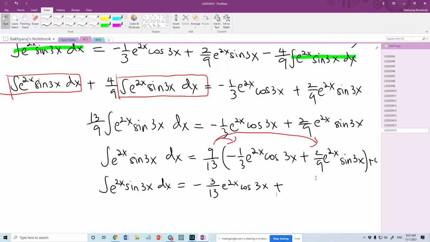Yeah, correct, you are right. So you get 2 over 13 exponent 2x sin 3x plus c. So that is the last answer.